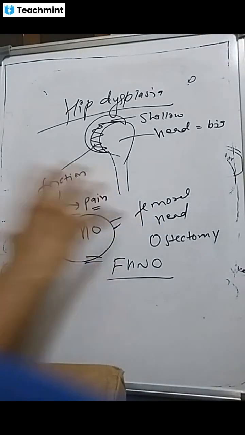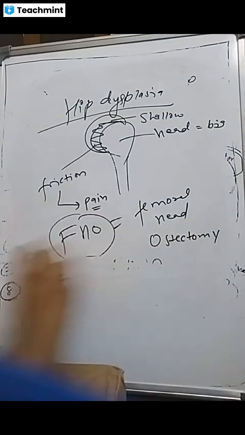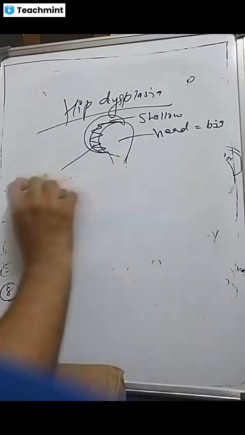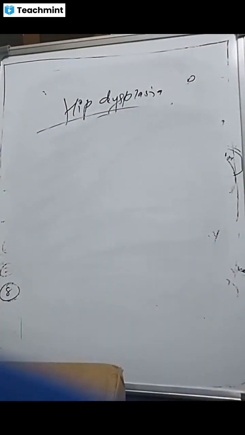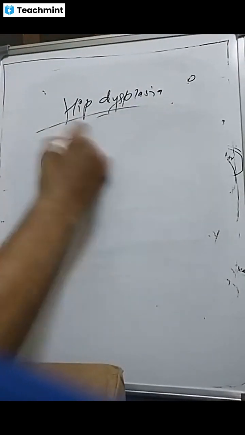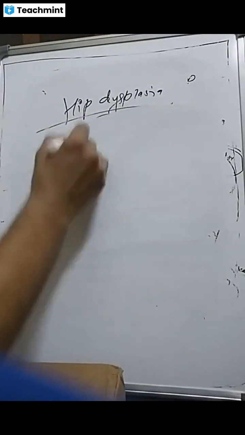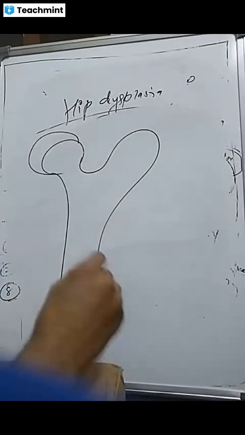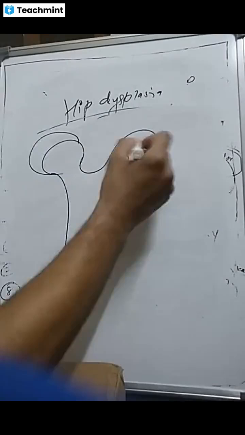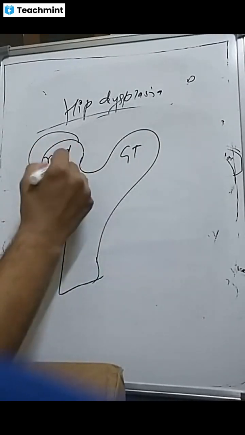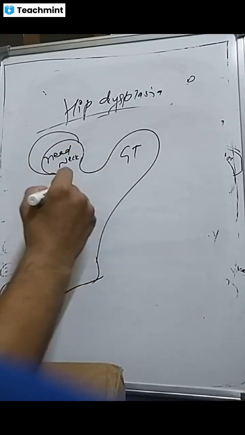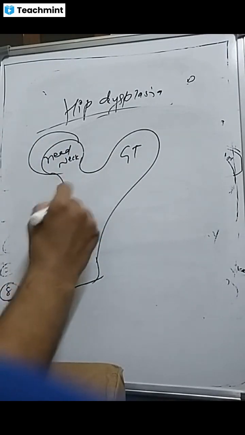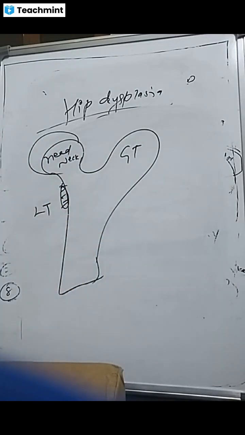But what is important for this surgery is this is the greater trochanter, and this is the head and neck and lesser trochanter.